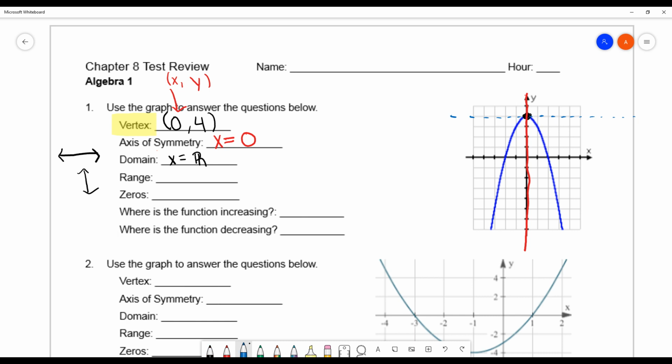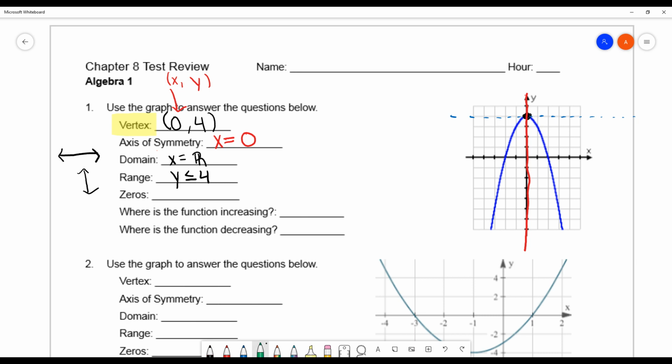The highest my graph can go is 4, but it can be anything less than 4. So I would write it this way. The range is always written in terms of y. Y can be anything that is less than or equal to my highest point, which is 4. And that's my range.